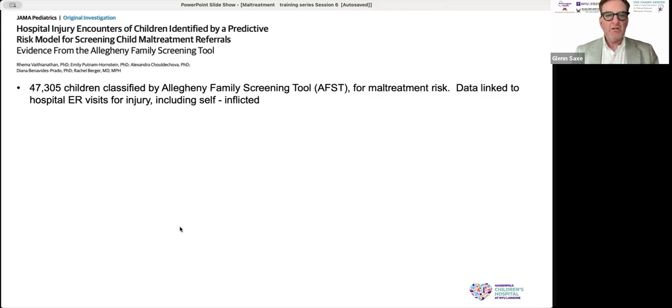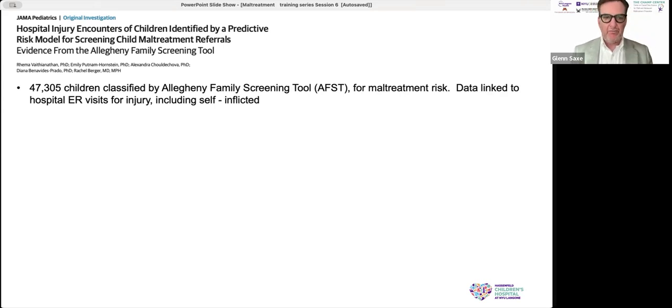It's a big data set, over 47,000 kids, classified with probably the most well-known tool, the Allegheny Family Screening Tool for maltreatment risk. They had linked data for hospital ER visits for injury. They had injury called possible maltreatment, and then self-inflicted injury.